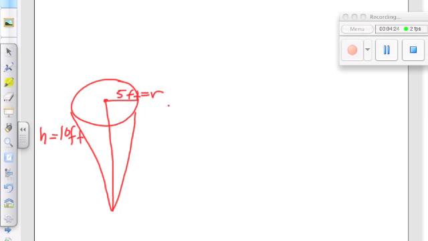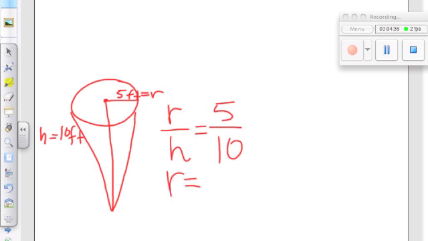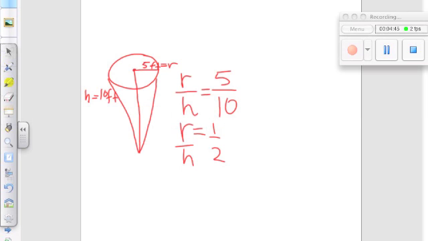Well, the ratio of r over h is equal to 5 over 10. Correct? So r over h equals 1/2. And now I can solve for one of these variables. Let's just solve for h. So h is equal to 2r.